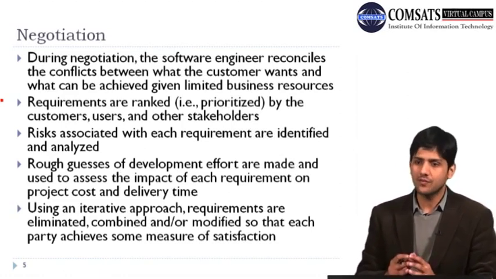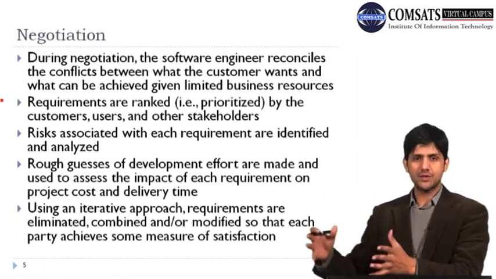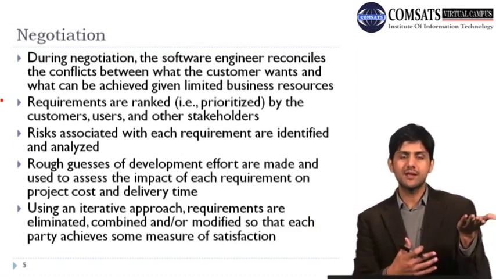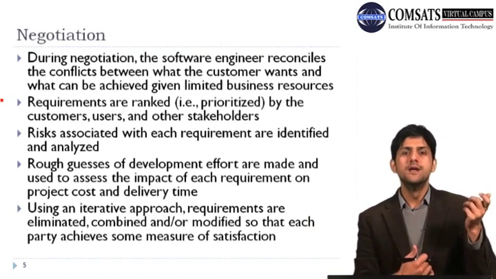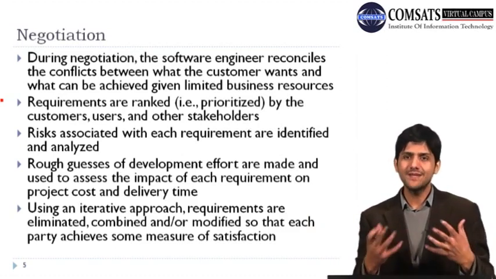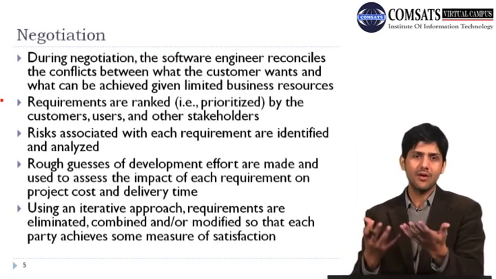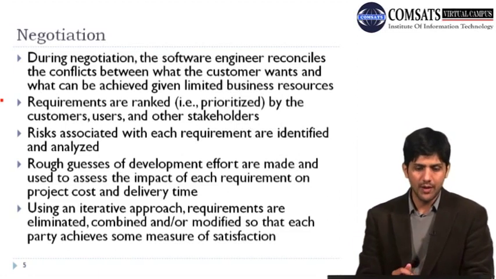On one side we have the client who has endless wishes, and on the other hand there is only so much money the client is willing to pay me, and so much time that I have to develop this product. So we need a consensus. We need to reconcile. We need to tell the client, okay, within the time and within the cost, this is not possible, and we have to come to a consensus about it.